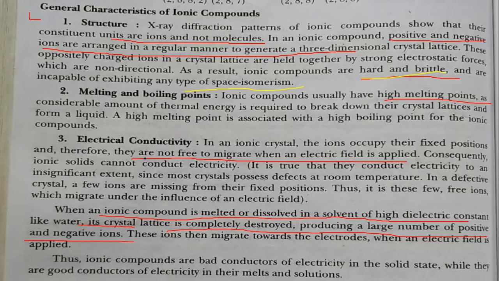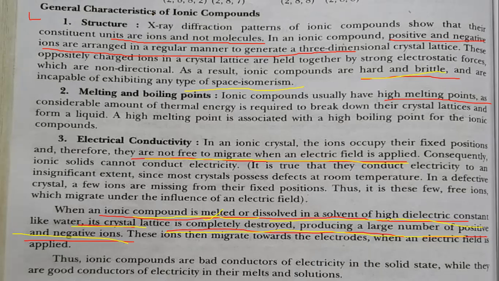In the solid state, the ions are not free to migrate. They are intact at their position, and hence they are bad conductors of electricity. But when they are in the molten state, or when they are dissolved in water, the positive and negative charges get separated from each other, and they are very good conductors of electricity under that situation.